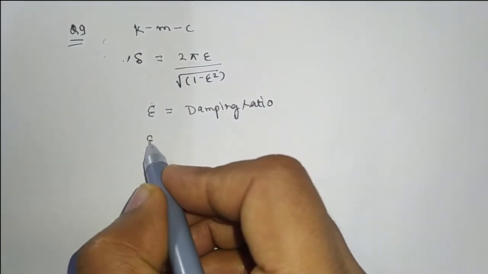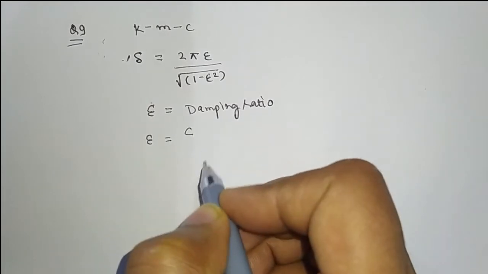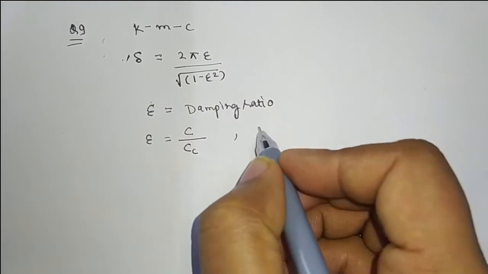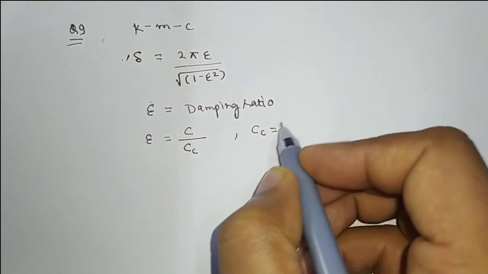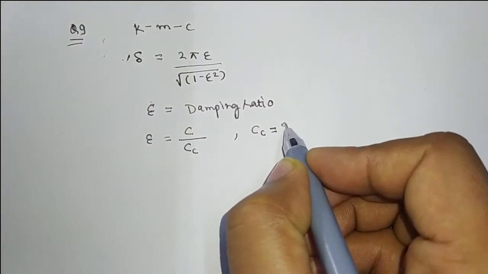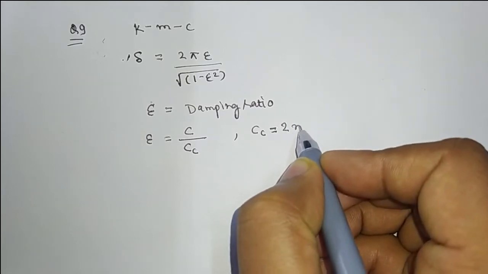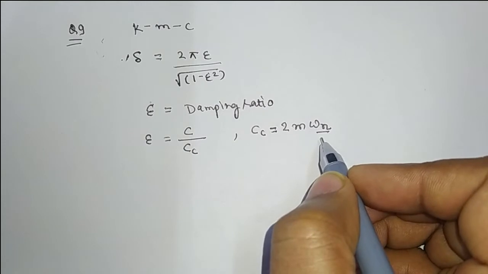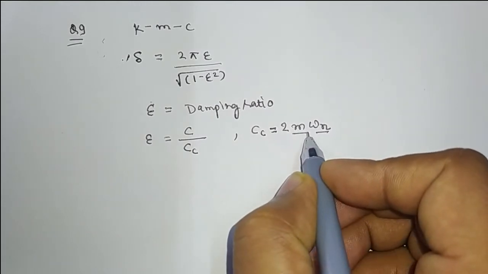Damping ratio is the ratio of the damping of the system to the critical damping, and the critical damping is represented by the formula 2m omega n, where omega n is the natural frequency and m is the mass.